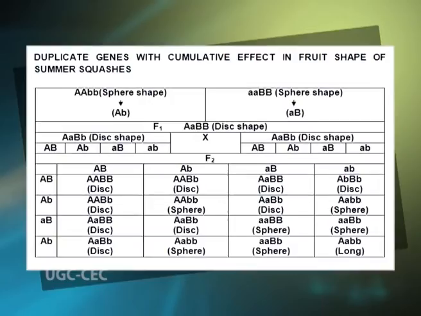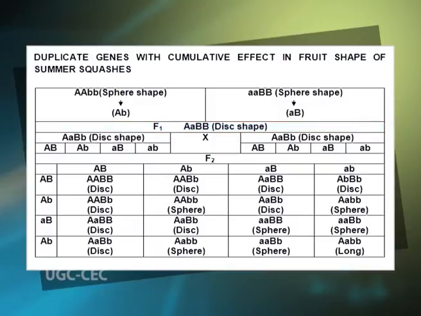When two different races of sphere shaped summer squashes with genotypes capital A, small b and small a, capital B are crossed, the F1 progenies are all disc shaped with the genetic constitution capital A, small a, capital B, small b.